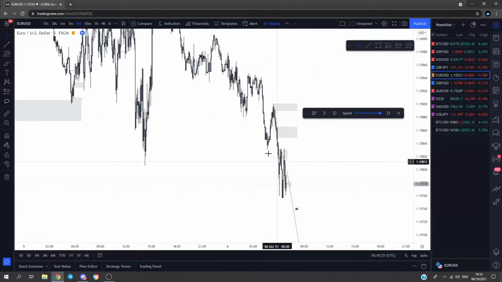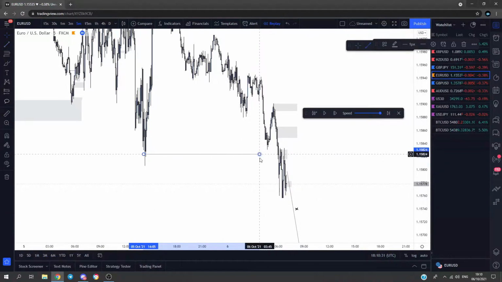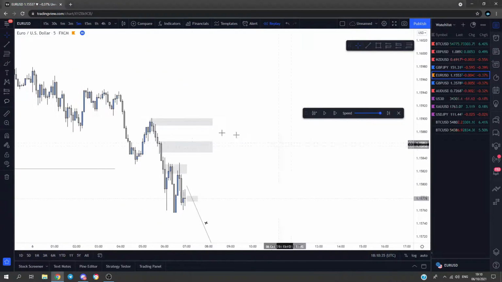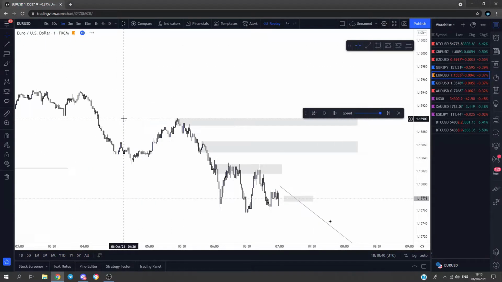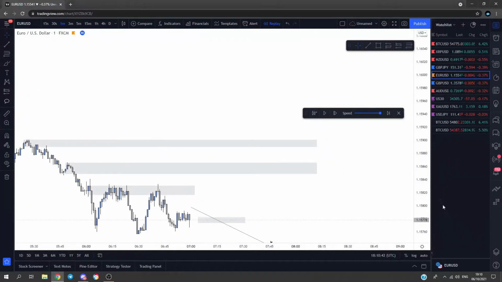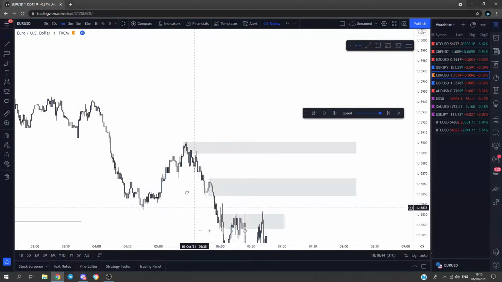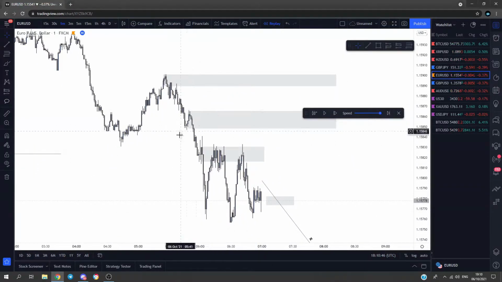Price came down, however it didn't break these lower lows in which price grabbed liquidity. It was this one here. So I marked this one out on, I think it was the 3-minute or the 1-minute even. Yeah, I marked this order block out on the 1-minute. Price came down and formed another order block right here.